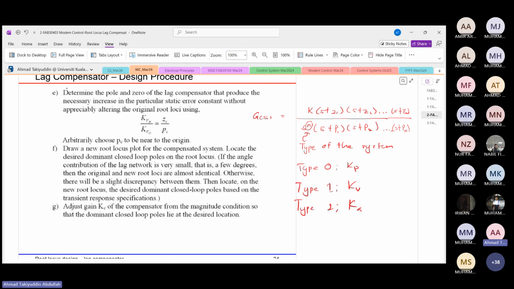Okay, sir. So I don't really like to have this explained with the redundant n value, and they are not the same, but you can actually find some books will explain s plus zm to be the number of zeros that you're possibly going to have up to m, and s plus pn will be the possible number of poles, n, that you are going to have for a system.